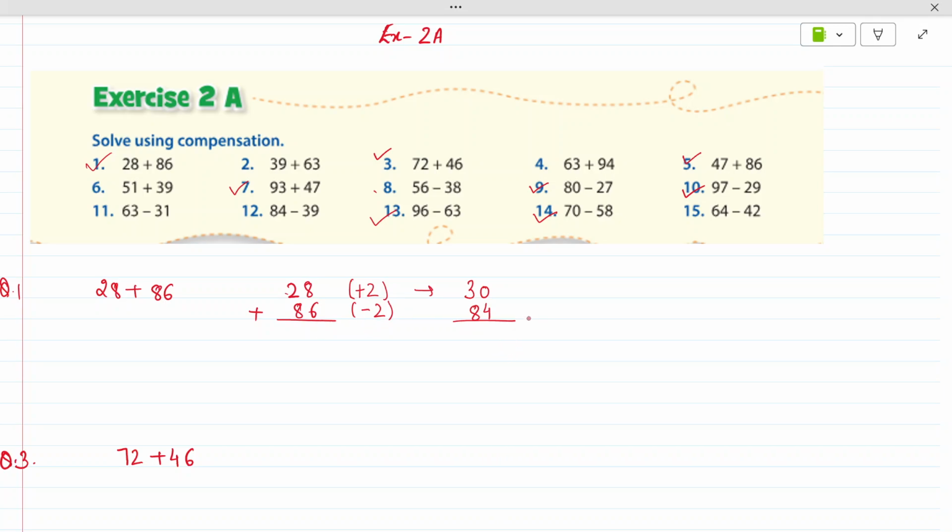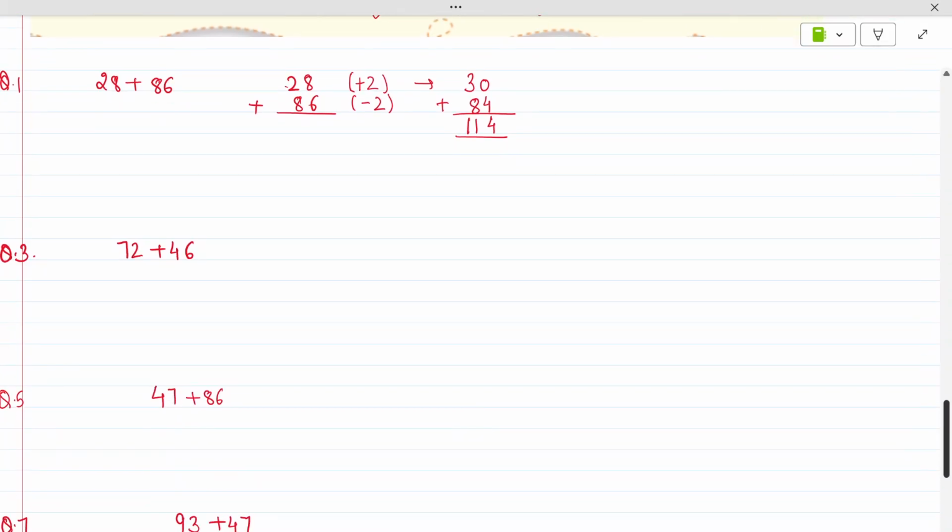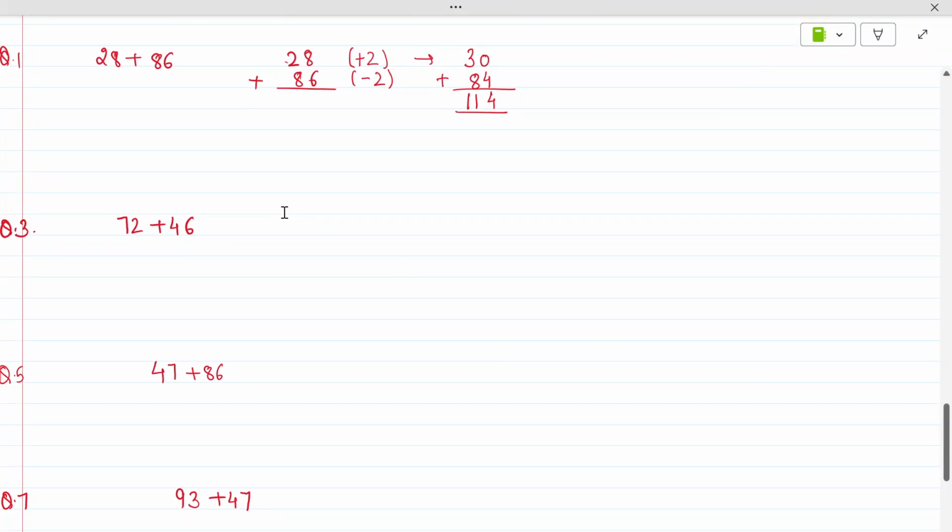Now, once we get the two new numbers, the last step is to do the normal addition. 0 plus 4 is 4. 8 plus 3 is 11. So the answer is 114.